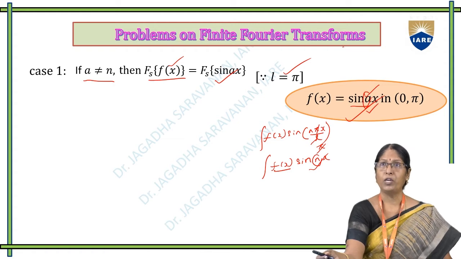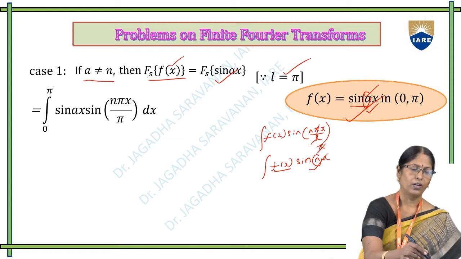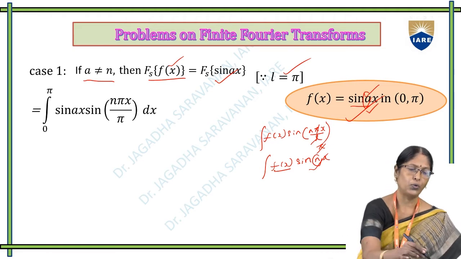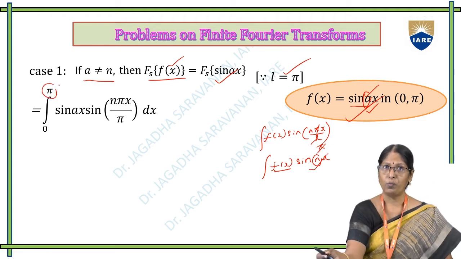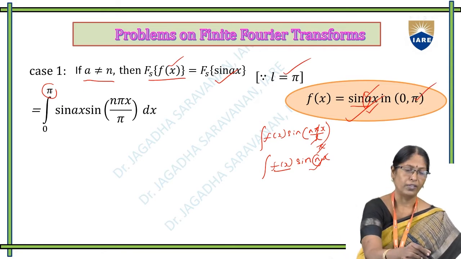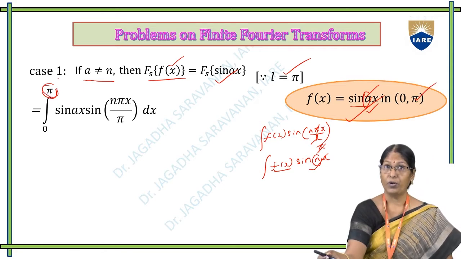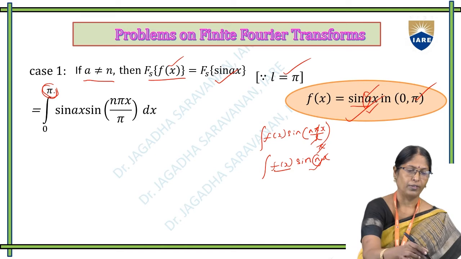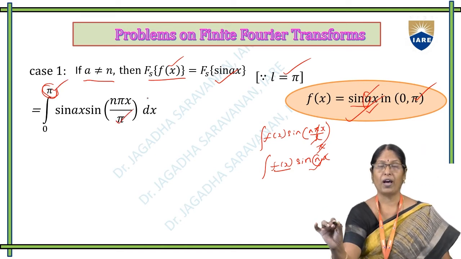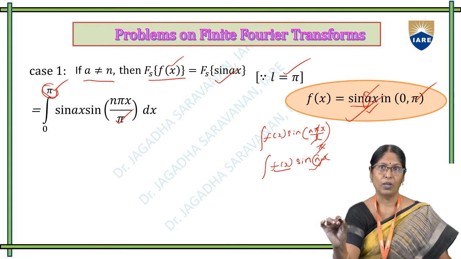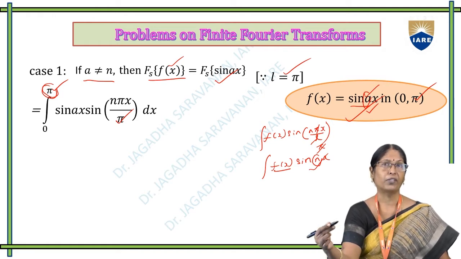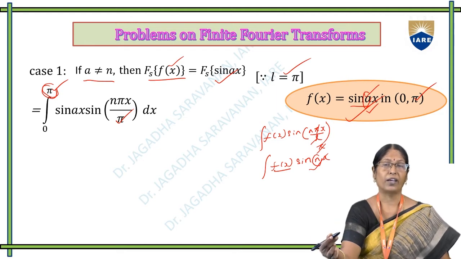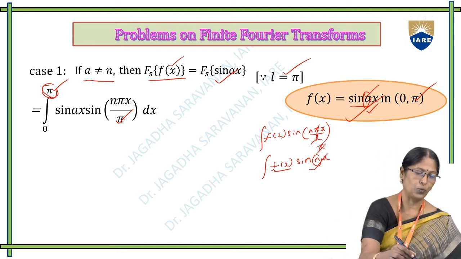Our problem has L equal to pi. So in the formula, from 0 to L, according to our problem, L is replaced by pi. We know very well that in the formula L occurs in two places, here and here. While learning the formulas, we should note where the variables occur and how many times, and after substituting we can check that we substituted correctly.